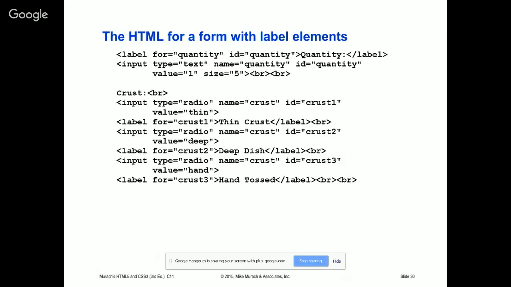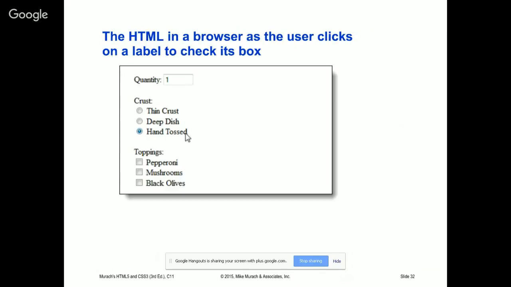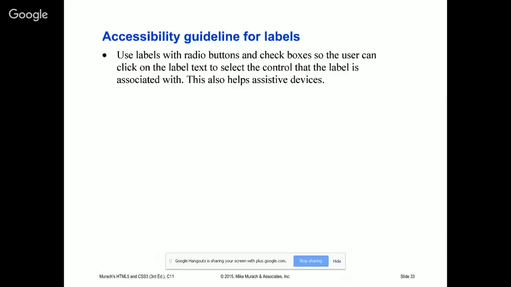Generally, the ID attribute is used on the client side, so it's used by JavaScript, and the name attribute on the server side. Okay, so we can use the labels to label the fields. So it's helpful to use labels.